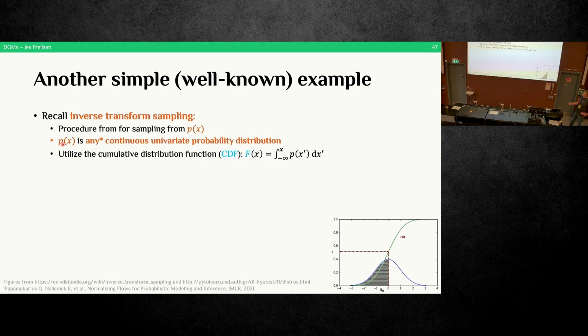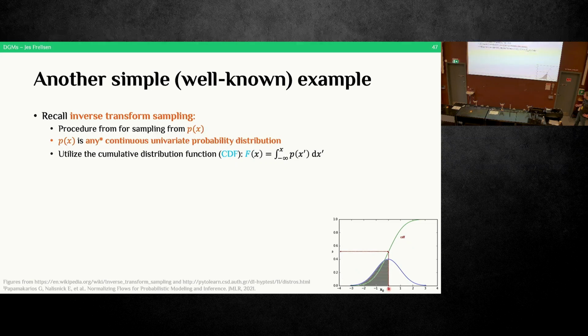If we want to sample from this, then we can utilize the cumulative distribution function. And remember that the cumulative distribution function is what we get if we integrate our function from minus infinity up to x. So if I have a normal distribution here, then this is the cumulative distribution function.